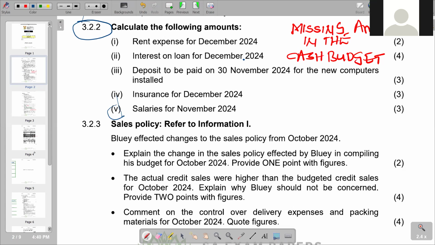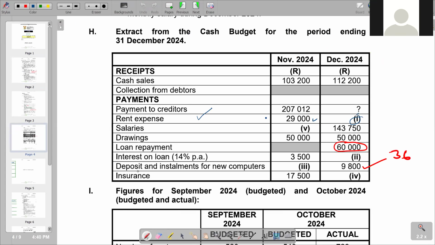So we are trying to refer to our table whereby we are being given that the salaries for November it's here. We are given for December 143,750.